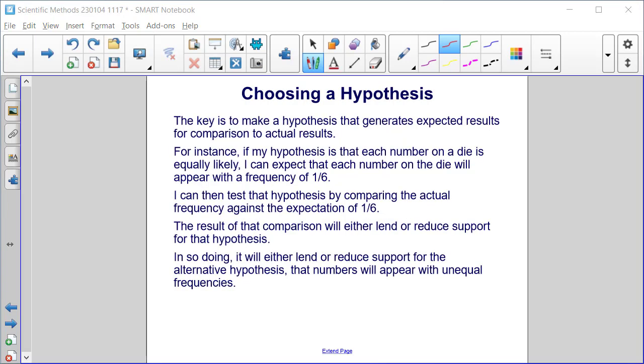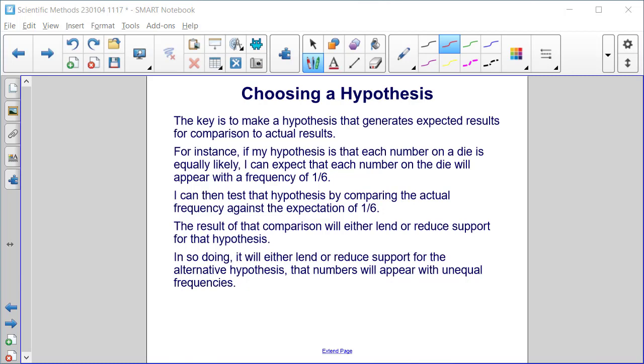Choosing a hypothesis. The key is to make a hypothesis that generates expected results for comparison to actual results. For instance, if my hypothesis is that each number on a die is equally likely, I can expect that each number on the die will appear with a frequency of 1/6.